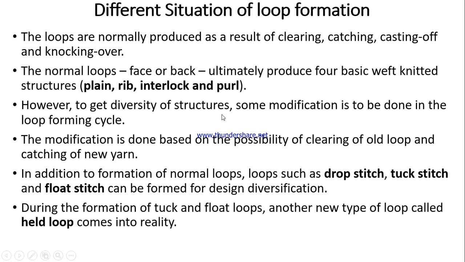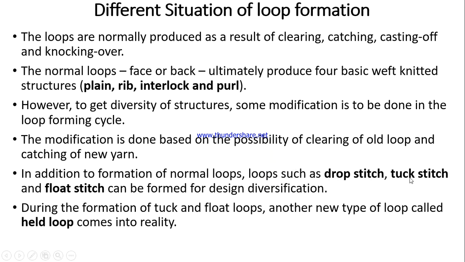However, to get diversity of structure, some modification is to be done in the loop forming cycle that I mentioned. The modification is done based on the possibility of clearing of old loop and catching of new yarn. In addition to the formation of the normal loop, loops such as drop stitch, tuck stitch and float stitch can be formed for design diversification.